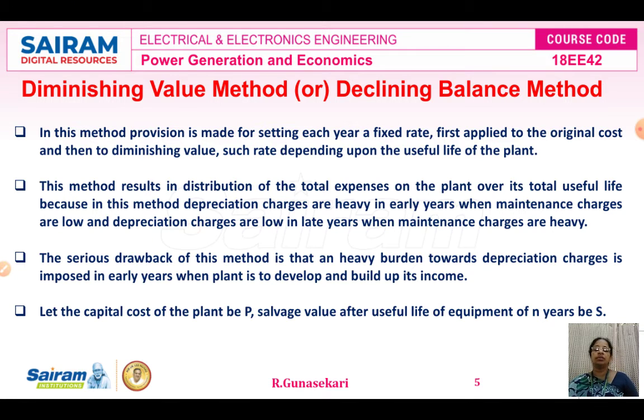This method distributes the total expenses on the power plant over its useful life, because the depreciation charges are heavy in early years when the maintenance charges are low, and low in late years when the maintenance charges are heavy.